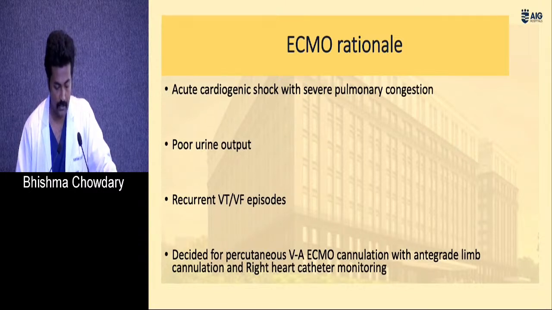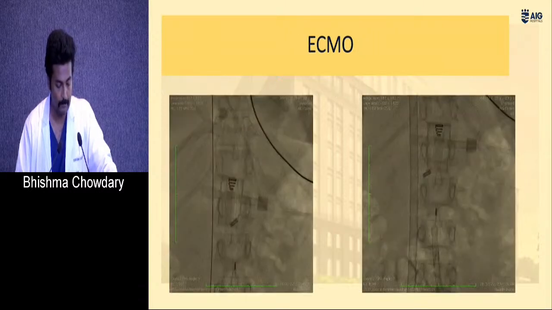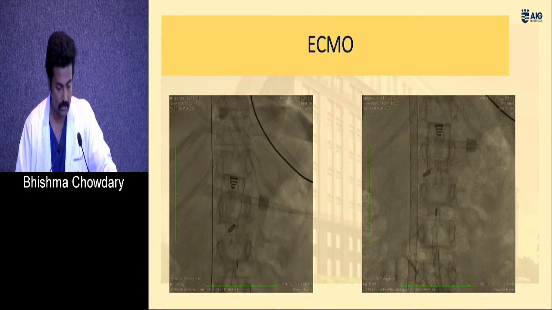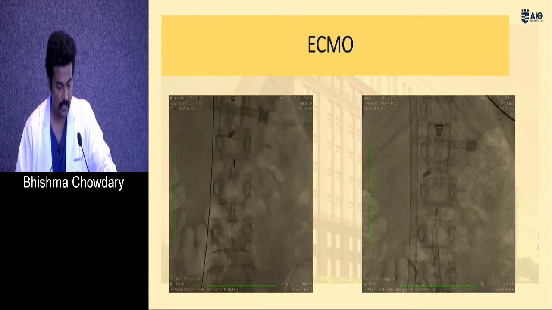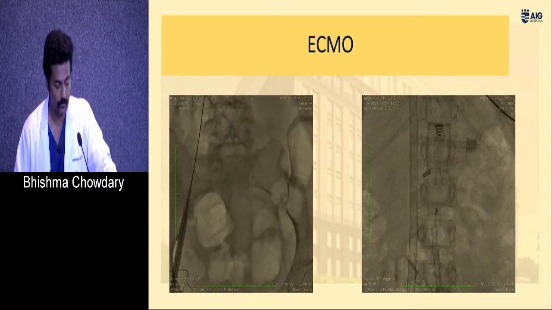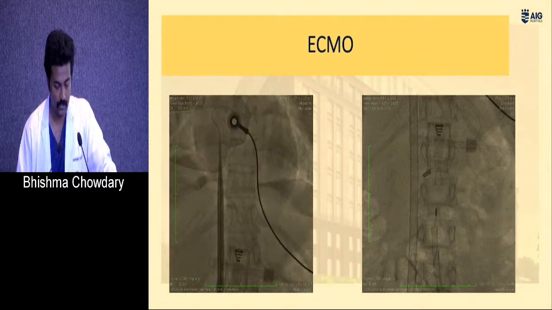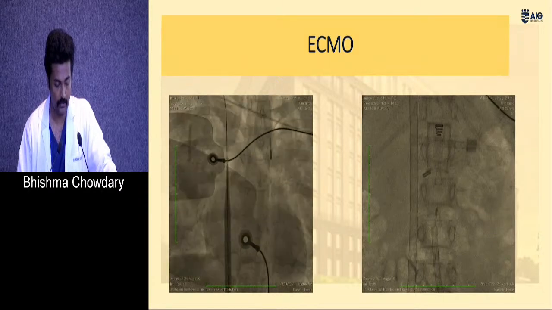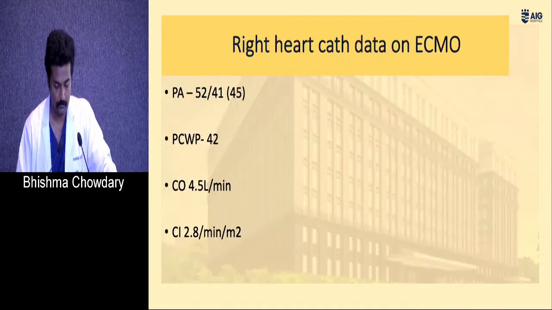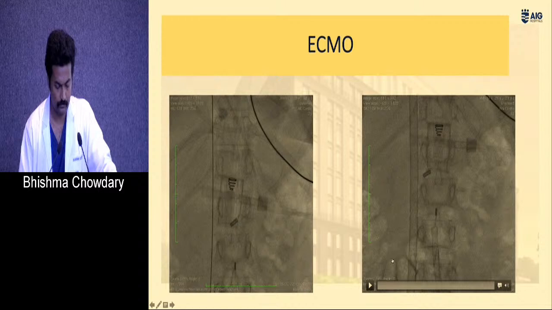So immediately we cannulated for VA-ECMO with an antegrade limb perfusion, and right heart cath monitoring was immediately put in to guide her further management. The patient came with an IABP, so we went ahead and connected the ECMO cannulas, one in the RA SVC junction, and the other in the left femoral artery.